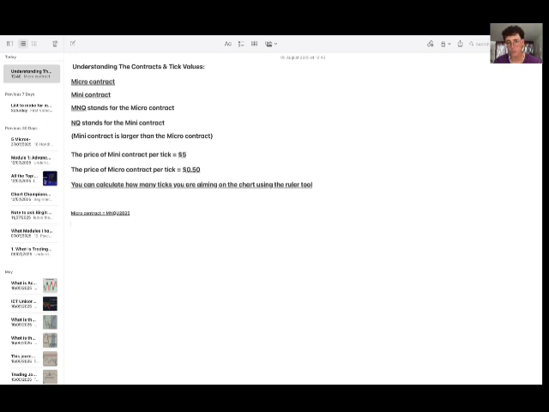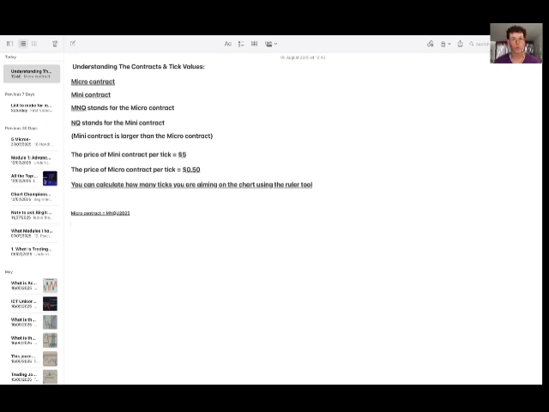If you are going to put 5 micros, you simply have to do 0.50 times 5. If you're going to trade 5 minis, it's 5 times how many minis you are trading. Let's say 5, then 5, 10, 15, 20, 25. You're going to risk $25 per tick. If you have 200 ticks of take profit, 25 times 200.